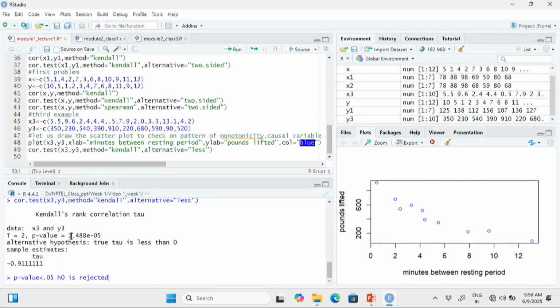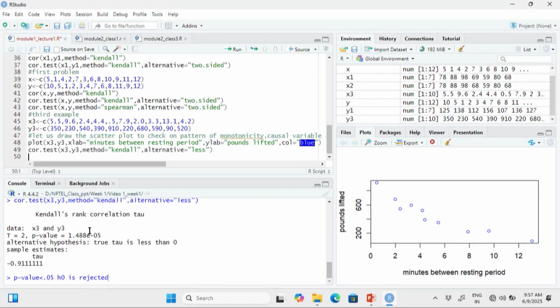and look at the p value. The p value is extremely small, way smaller than your fixed alpha level of significance. If you have fixed your alpha at 0.05, then the p value is very small. E to the power minus 5, what does it mean? That means 1.488 into 10 to the power minus 5.